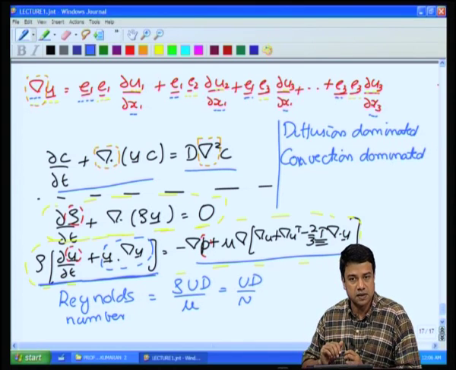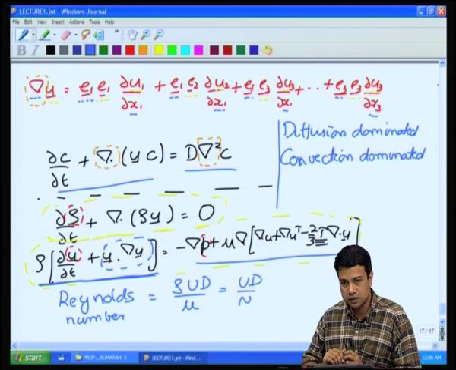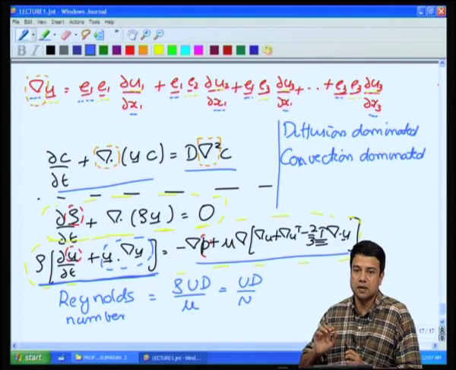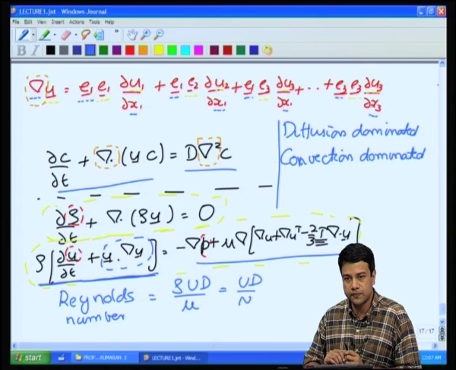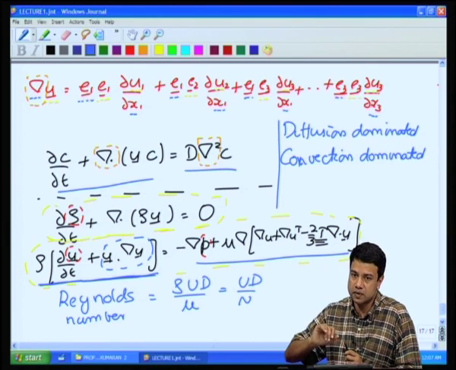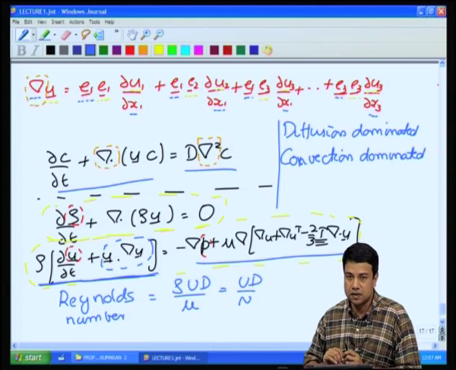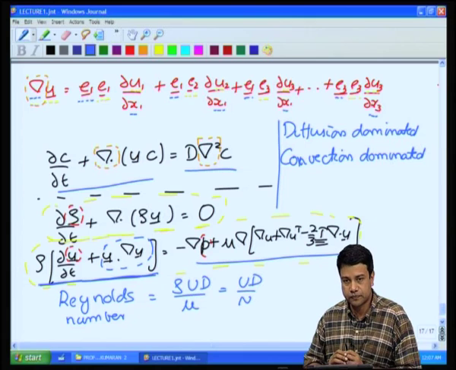In that case, it is necessary to postulate a boundary layer where viscosity is still important even though the Reynolds number is high, because the Reynolds number based upon the boundary layer thickness is such that there is a balance between convection and diffusion.